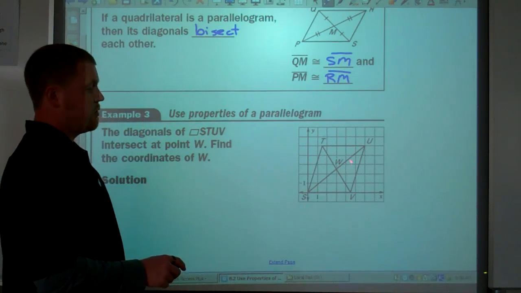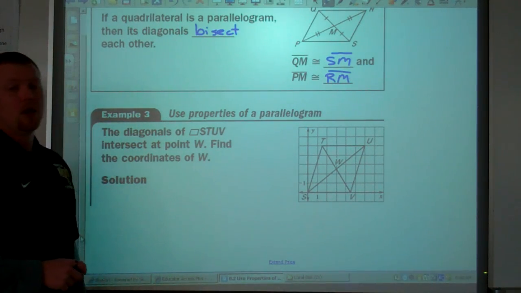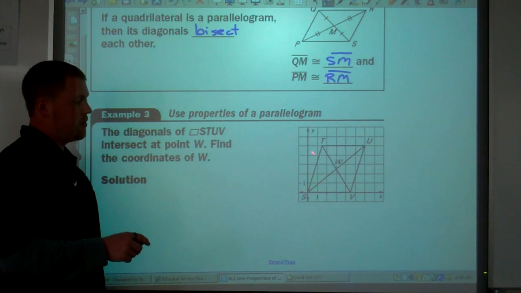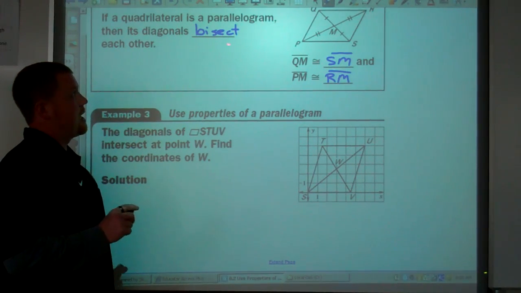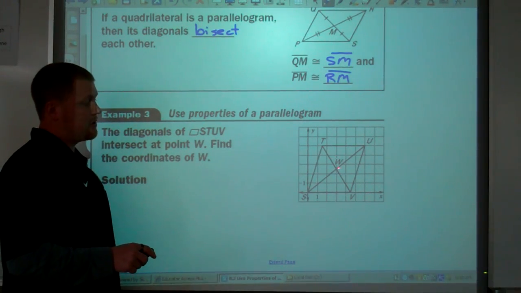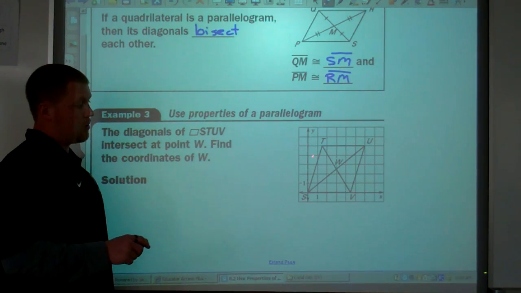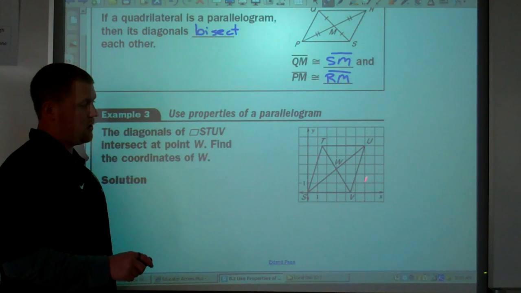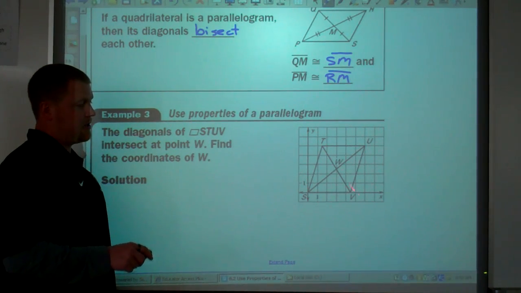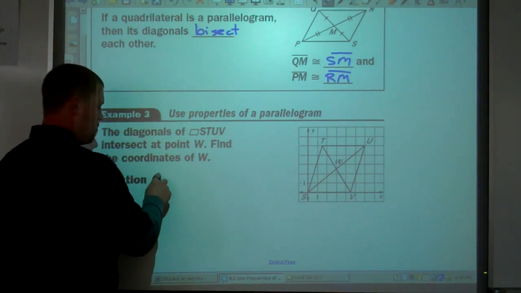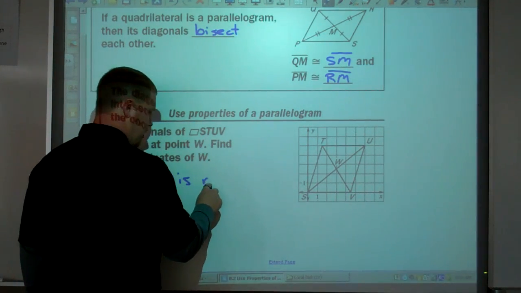No, we want to know the exact coordinates of that point. We just know the diagonals bisect each other. So if the diagonals, segment TV and segment SU, bisect each other, that means point W is the midpoint.